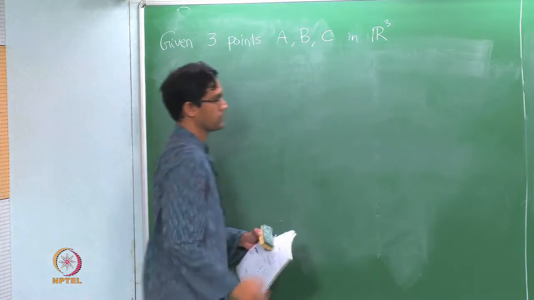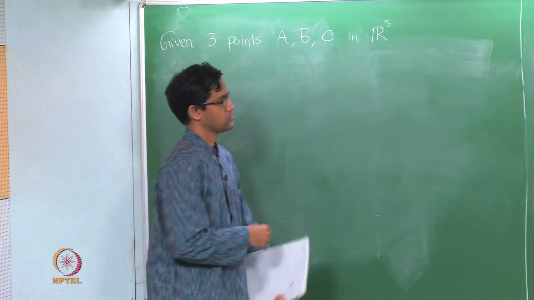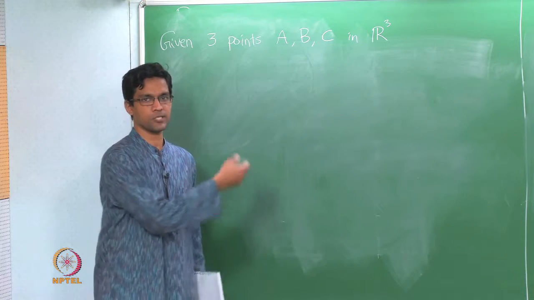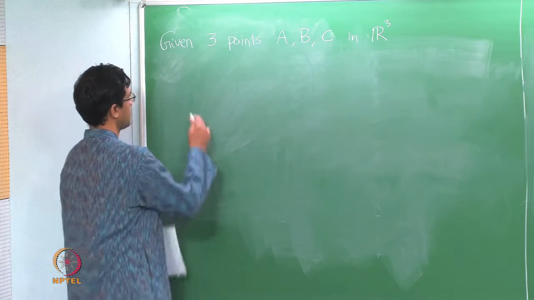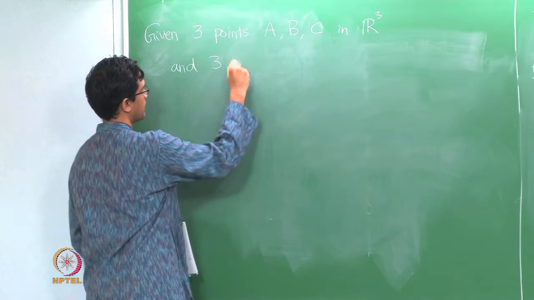And what else? Well, I might want some restrictions. I want them to be sufficiently independent in some sense, but let us not worry too much about these things right now. So given 3 points in R3 and 3 real numbers.